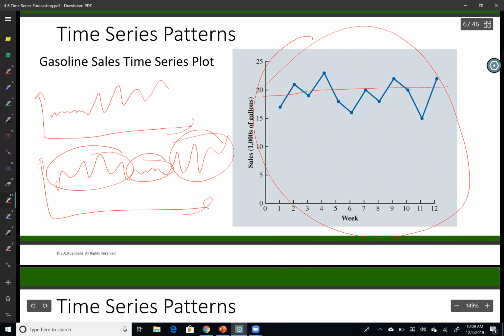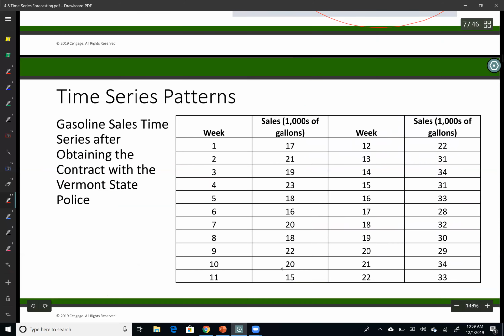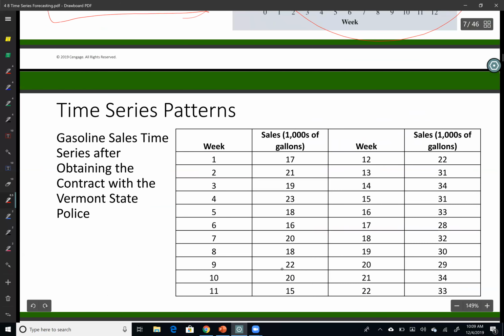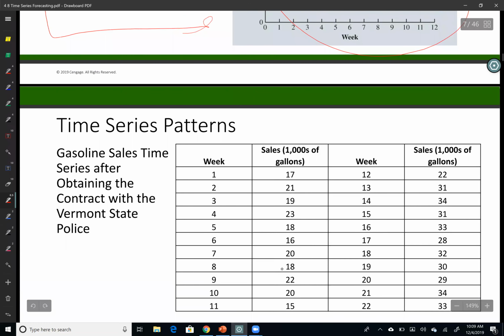As you see this data set right here, I don't see the variation change a lot over time. Okay, so now I would like to introduce a little bit more complexity to this data set. Let's say we still have 12 weeks of sales for this gasoline. However, now after week 12, we have a contract with the Vermont State Police Department.